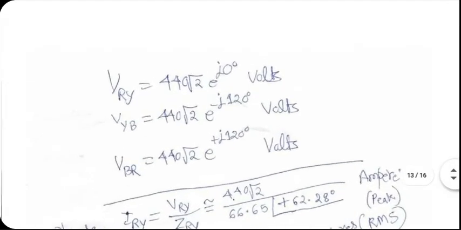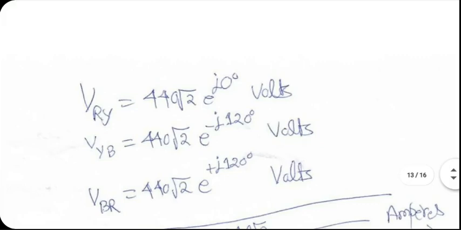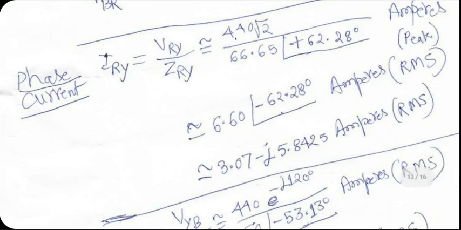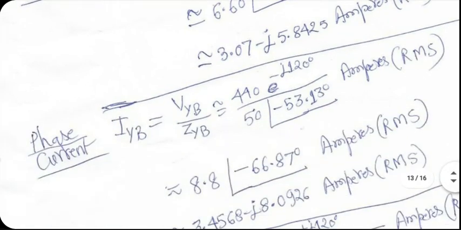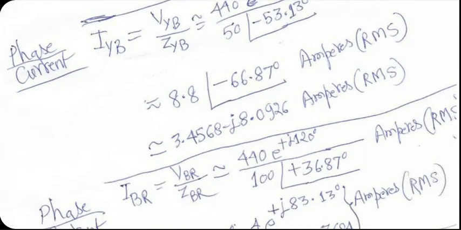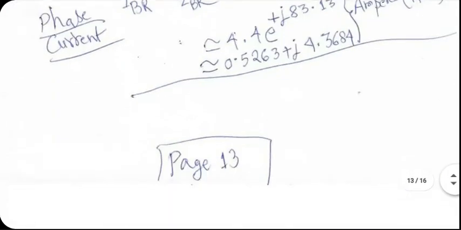These are the voltages as usual. Then you do these calculations, but now ZRY, etc. are very different from what they were in the previous problem. Now I think P and Q will be non-zero in all the three branches because each branch has a complex impedance. So please check all these calculations.